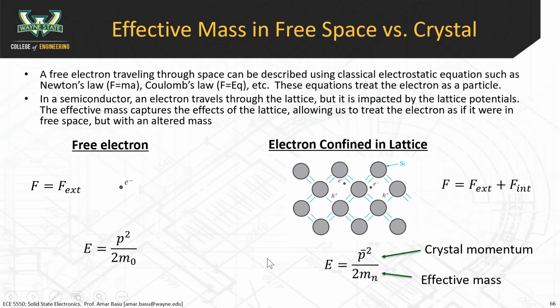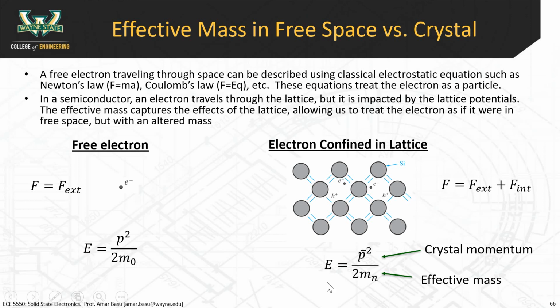It actually behaves similarly to the free electron if you modify the denominator from an m0 to an effective mass mn. If you do that, then you can continue using those relationships. So that's why they call it an effective mass.